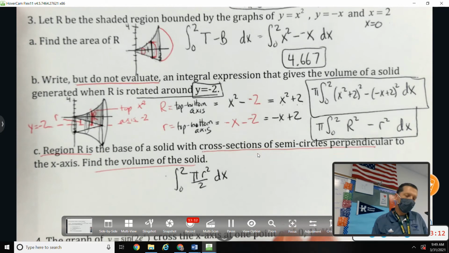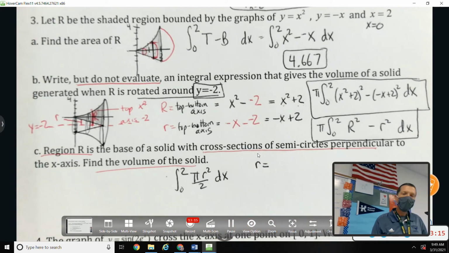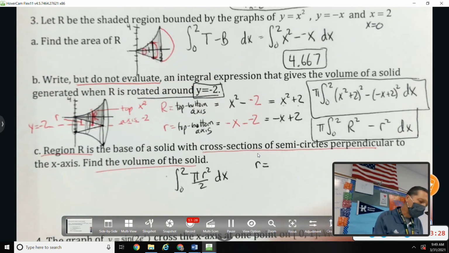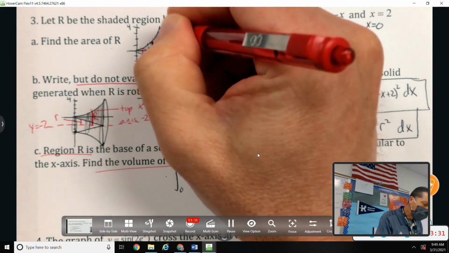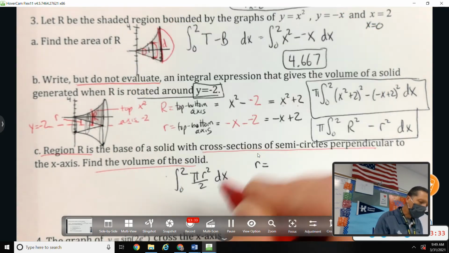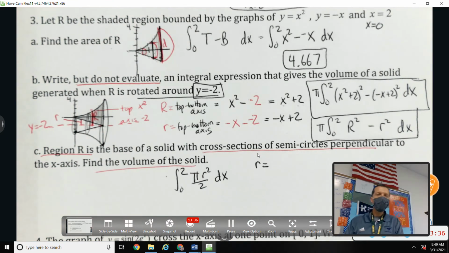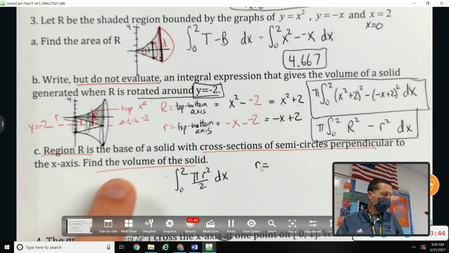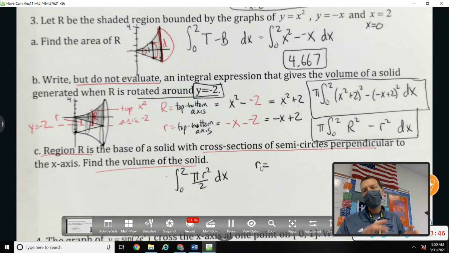That means I need to figure out what r is for each semicircle. It's related, but it's not the same as one of these r's, because what's easy to find is this diameter, but we need the radius. So I'll pause there and see if you can figure out how to come up with the radius. Once you get the radius, you can plug it into this one. This one says find the volume, so don't just stop there. This is one where I want you to type it all in to make sure you can operate the calculator correctly.